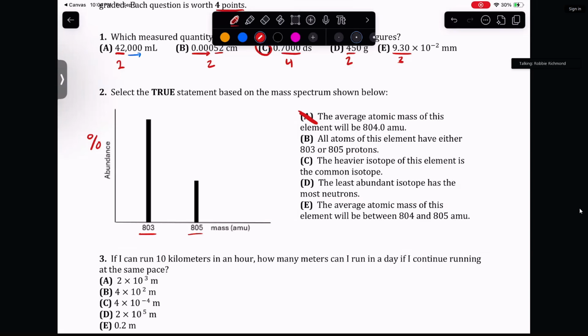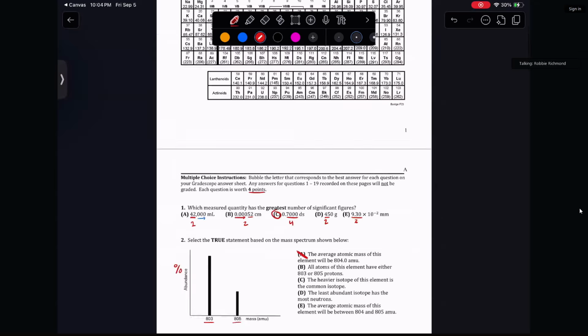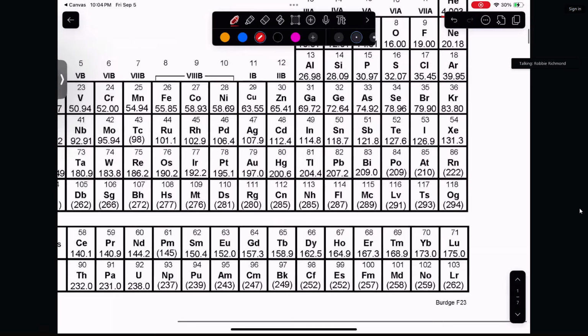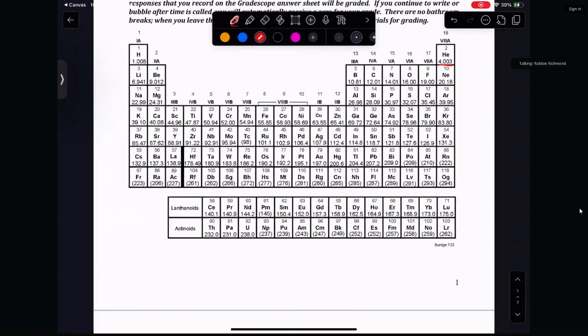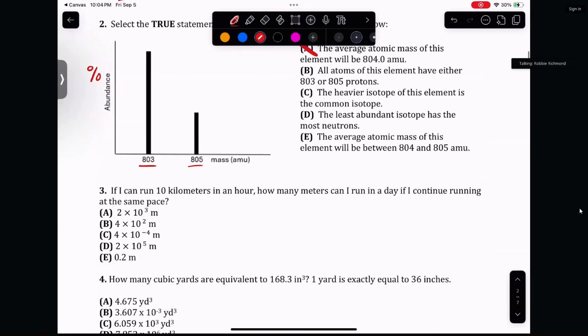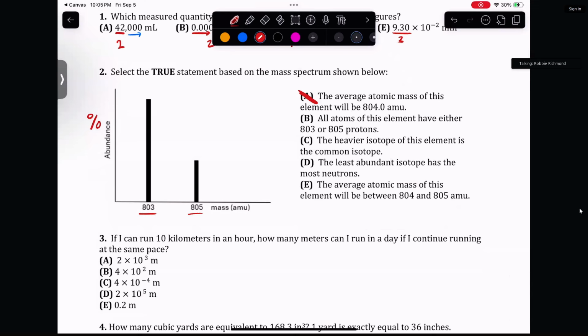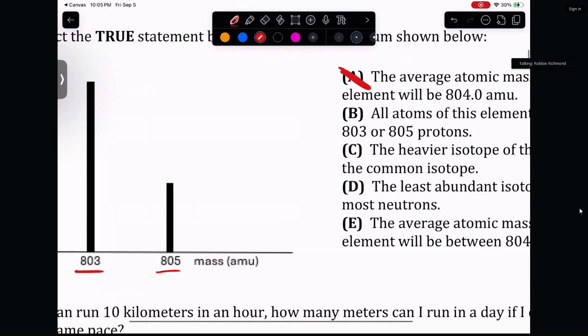B, all atoms of this element have 803 or 805 protons. Now, logically, this does not make sense. Let's look at the periodic table. We go all the way to 118 protons. So that doesn't make sense, but to break it down, the mass of any isotope is comprised of two things: the protons and the neutrons.